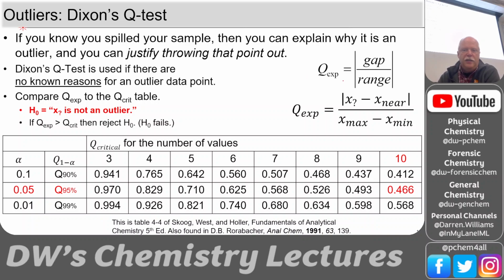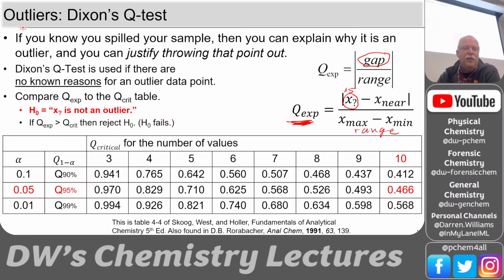We calculate this Q experimental, and this is the gap over the range. It's the questioned data point, the one that's 15. Then we go back to the data and find the nearest one, and then we divide by the range. That's our Q experimental value.